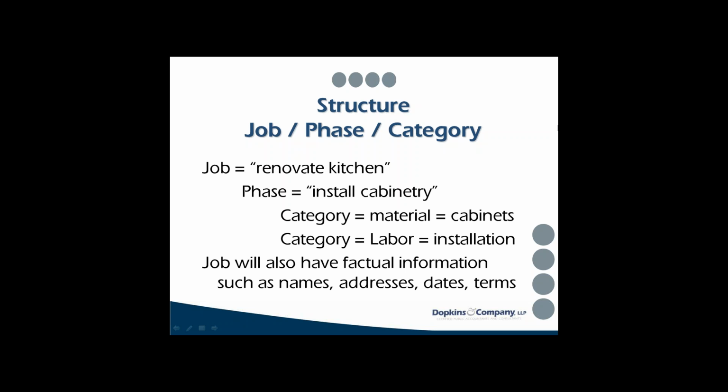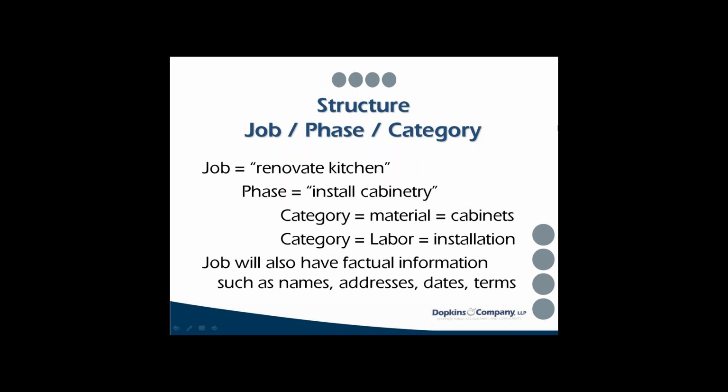So there's a whole bunch of phases, and the contractor who's running this job is managing all these so that they are done and don't get in each other's way. I can't have the plumber guy in there trying to install new plumbing while I'm pulling out the old cabinetry. They're going to get in the way. And then the level below that is the category.